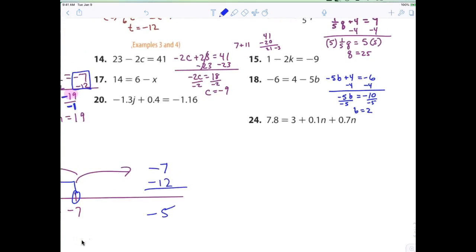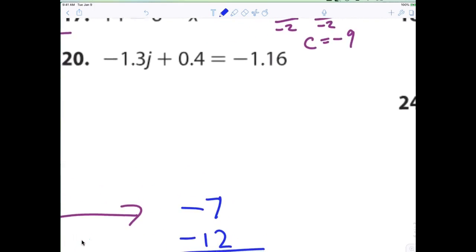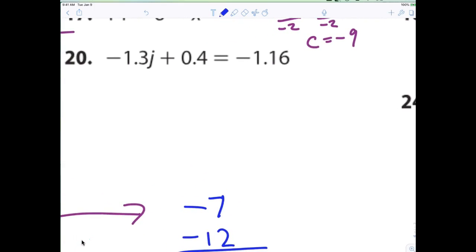All right, let's find 20 now. Carter, 20. I did 1.3 plus 0.4 equals 1.6, and then you do -0.4 and -0.4. Good.